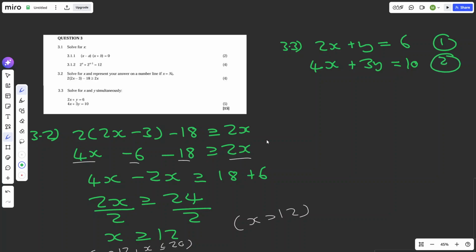Okay, so now let's take equation 1 and write it in terms of y. What that means for equation 1 is I'm going to transpose this to the other side and get y alone. So y is equal to 6 minus 2x.